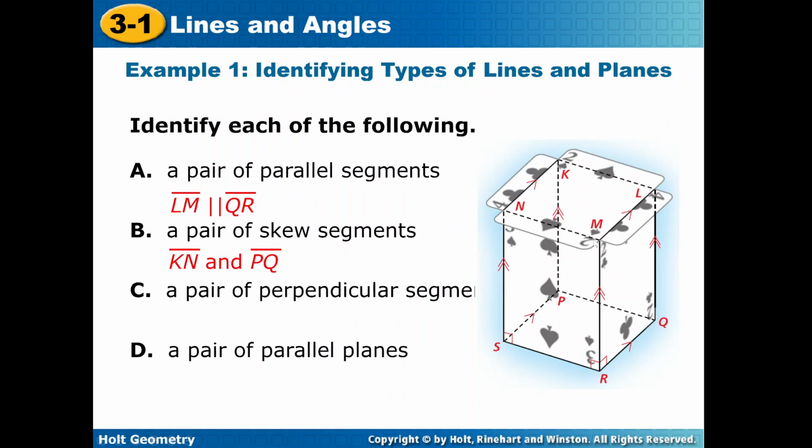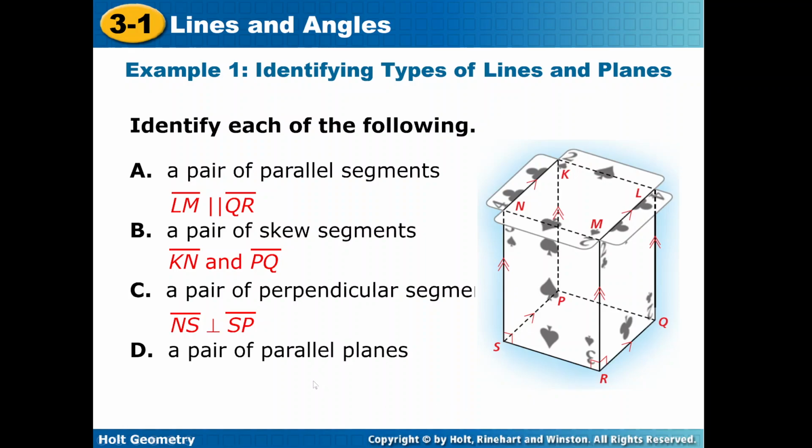KN is the one right here, and PQ is the bottom one. And a pair of perpendicular segments, the ones showing the square symbol: NS is perpendicular to SP, or NS is perpendicular to SR.